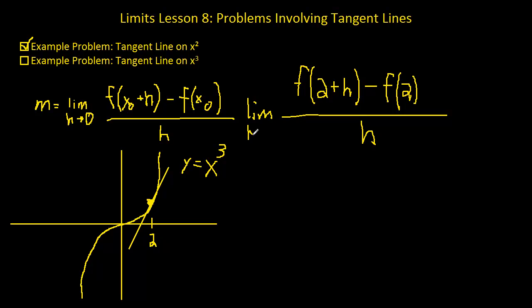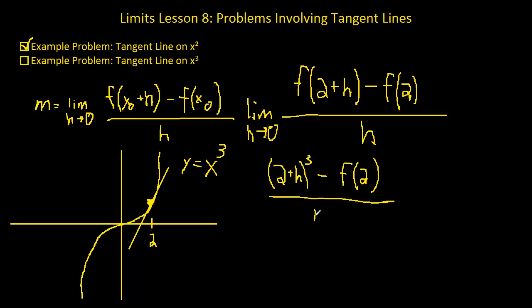As you're seeing, this seemingly complex equation can actually be solved pretty quickly. 2 plus h cubed minus f of 2 over h, limit as h goes to 0.